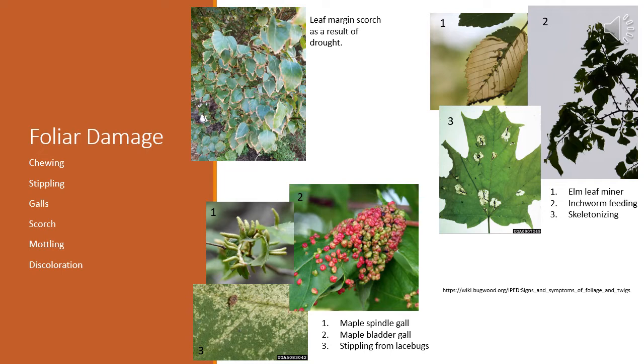Galls are a deformity that develops as some sap-feeding insects disrupt plant growth hormones. Particular galls become a distinctive identifier of the insect feeder. Stippling can also identify the culprit as tiny injuries develop at the feeding site, causing leaf surfaces to become textured and speckled.